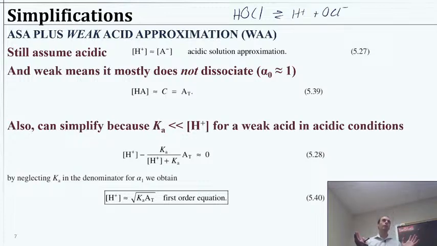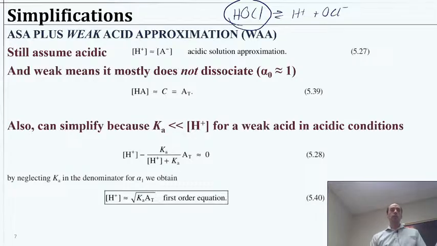And what you'll notice is once we put that in water and the water is acidic and we're well below the pKa, it will almost all be in the HOCl form. And that can help us simplify, because now we know from a mass balance perspective, as long as we are far enough into acidity below the pKa, then our mass balance gets simplified. So it's another way we can simplify our setup.